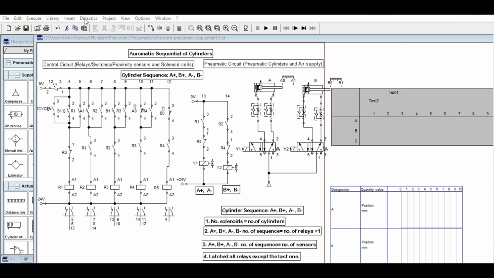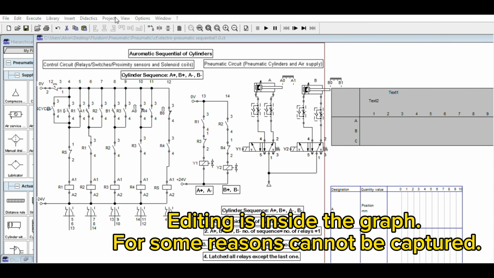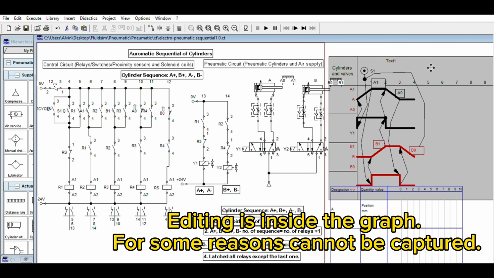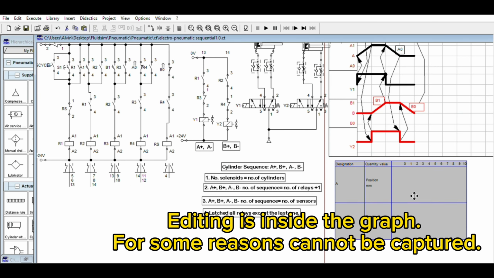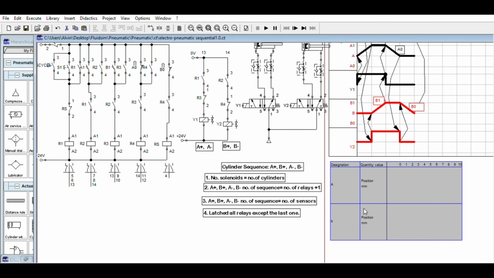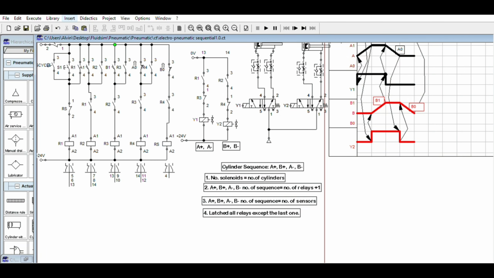You click, double click, add, add. And remove this one. Do it again.